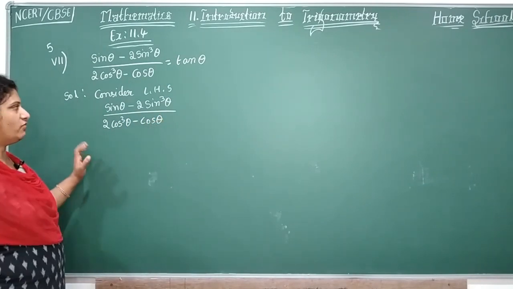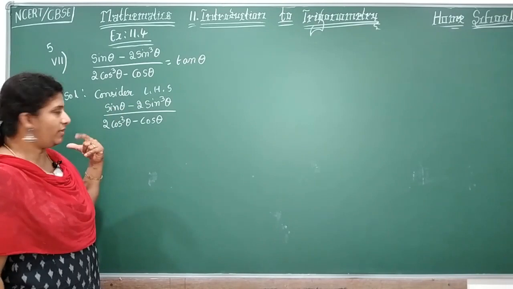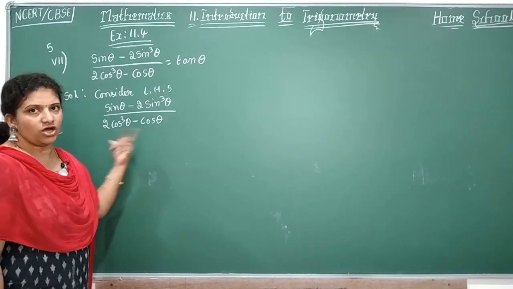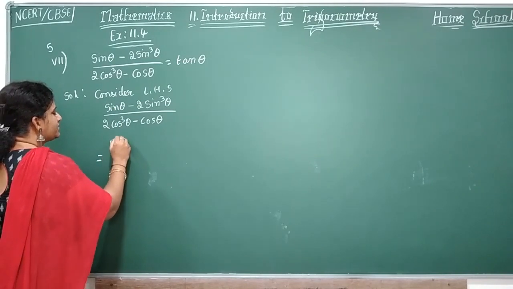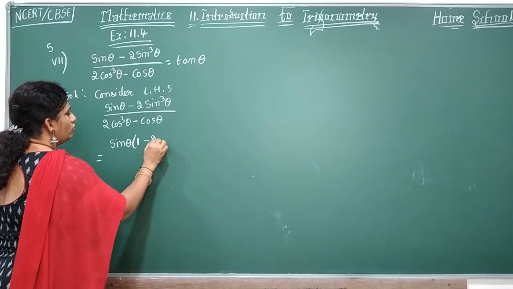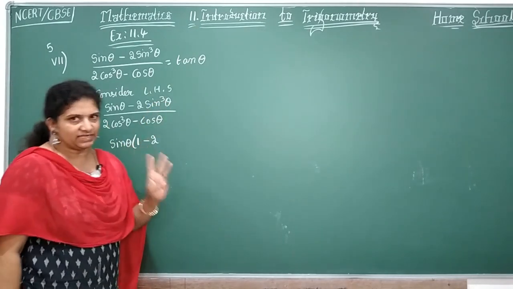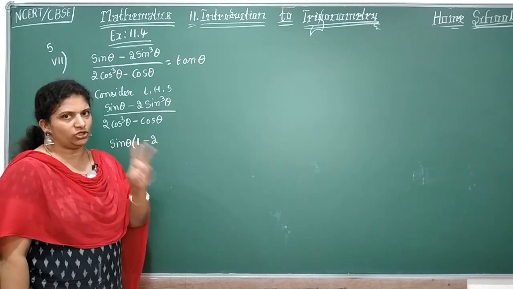So look here, children, what can I do here? I can see that in the numerator sin theta is common, and in the denominator cos theta is common. If you take sin theta common, 1 minus 2 sin cube theta, if one sin theta is removed, how many will be left? 2 sin square theta will be left.